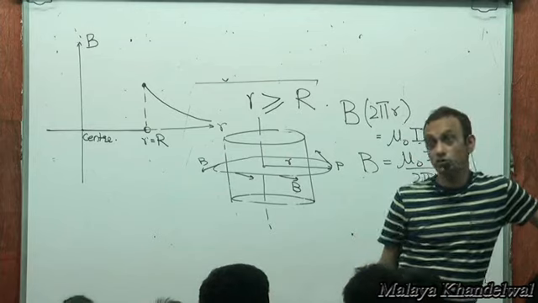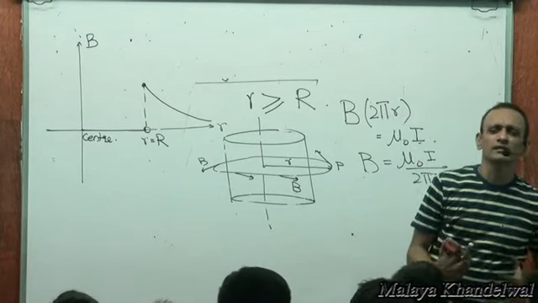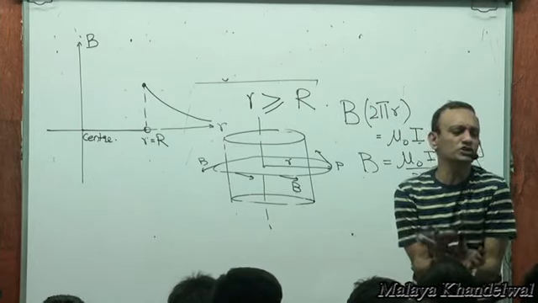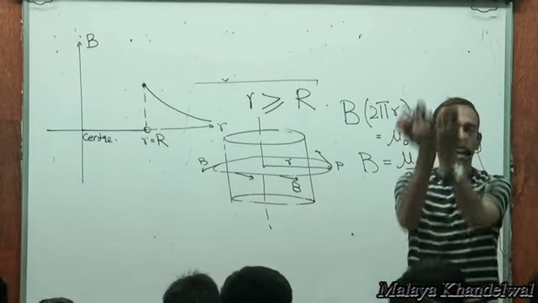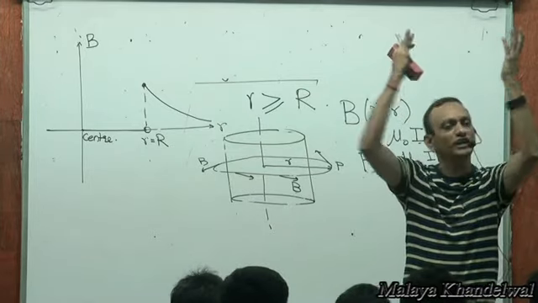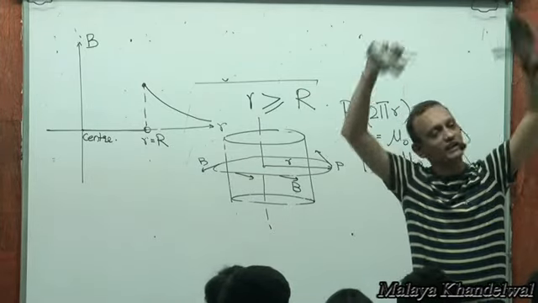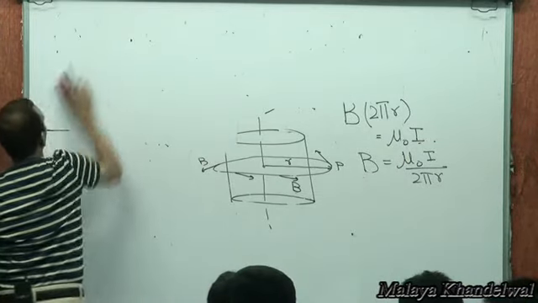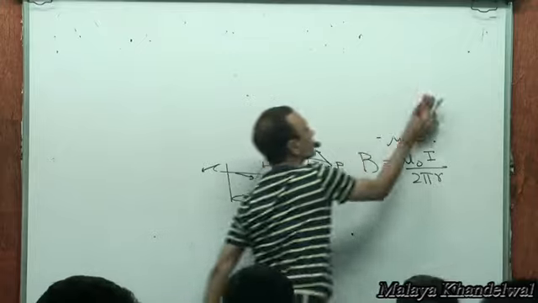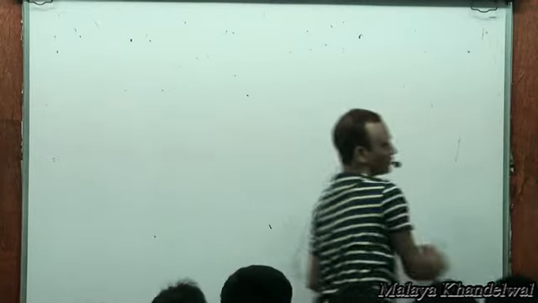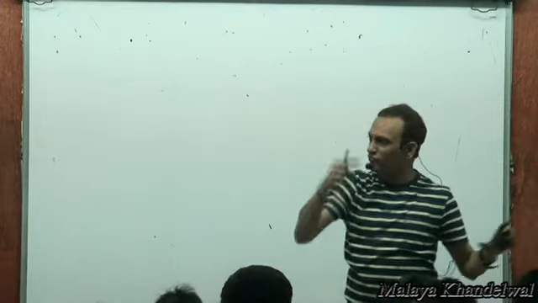Right? Now instead of a hollow cylinder, let me take a solid cylinder. Solid cylinder in the sense that the current is uniformly distributed along the cross section, pi r squared of the cylinder. Again infinitely long. So that was current superficially distributed.